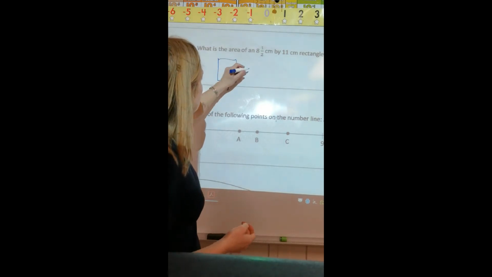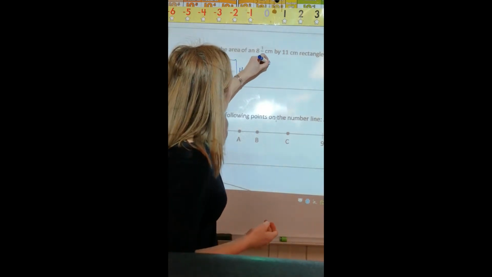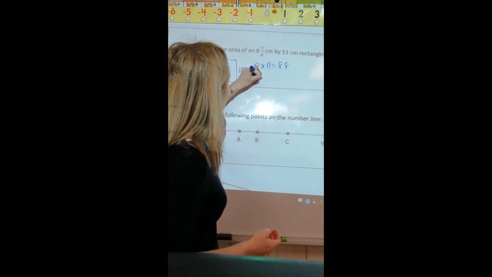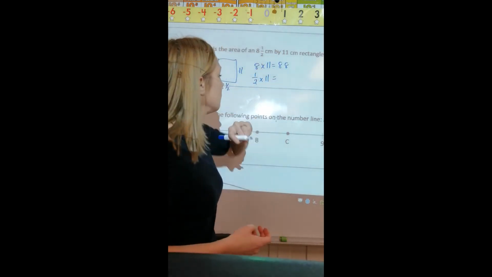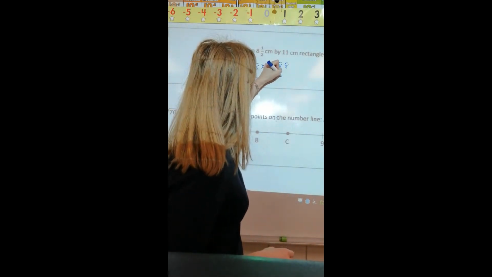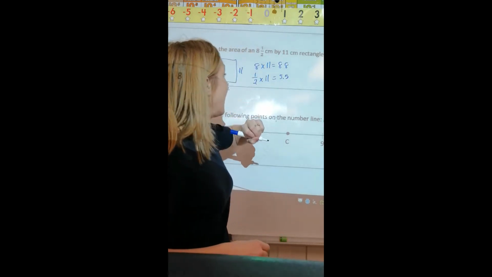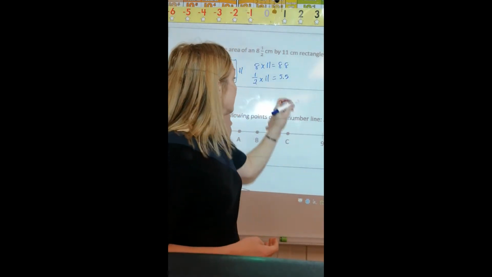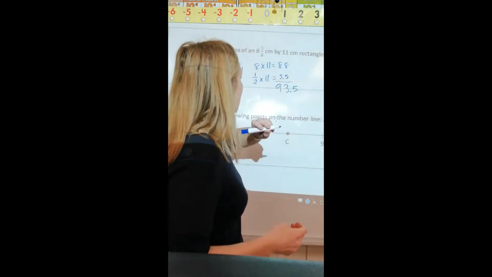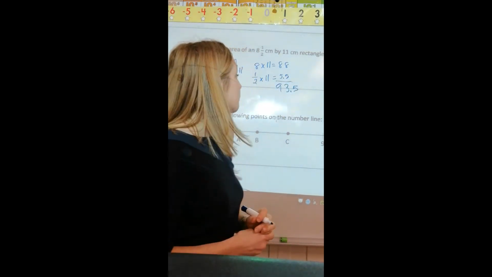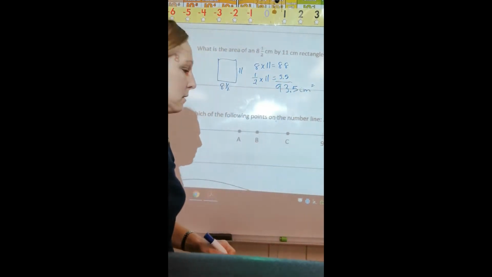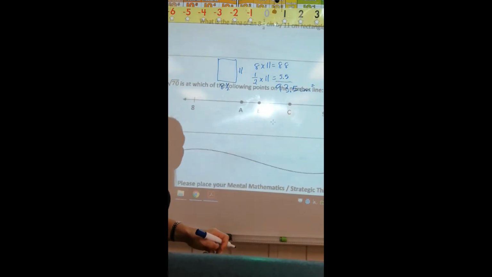So I'm going to take 8 times 11, which is 88. 1/2 times 11, well, that just means what's half of 11? That is 5.5. So if I add 88 and 5.5, I get 93 5/10 centimeters squared.